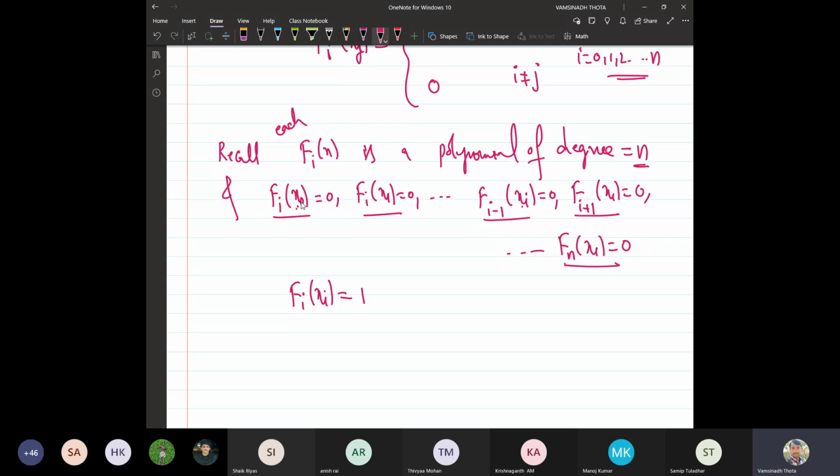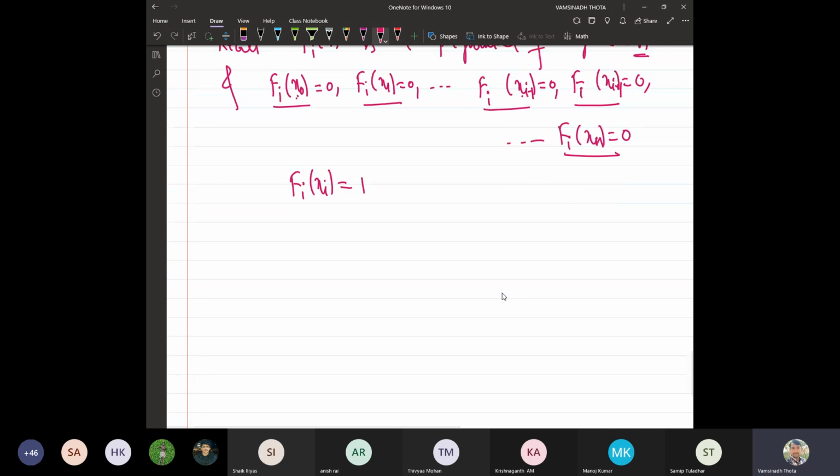No, here I have made a mistake. f_i at x_{i-1} and f_i at x_{i+1}. This is f_i at x_n.